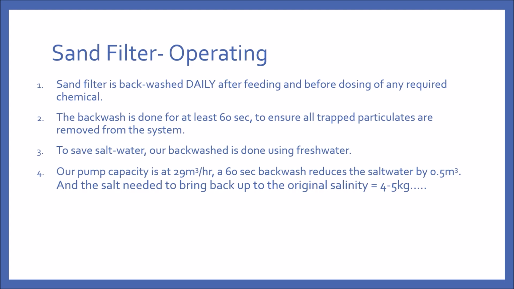Because a backwash of up to 60 seconds would sometimes reduce salt water by at least 500 to 1000 liters, and the salt needed to bring it back to the original salinity will take 4 to 5 kilos. So depending on who you're buying the salt from, the cost can range from $0.50 to $2.